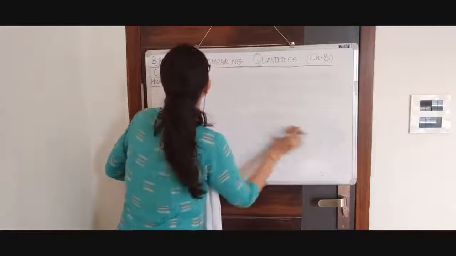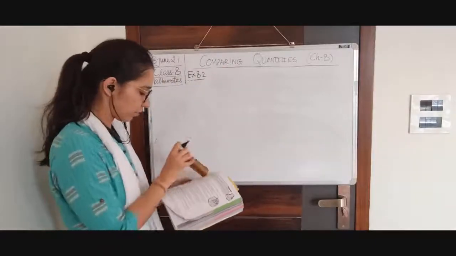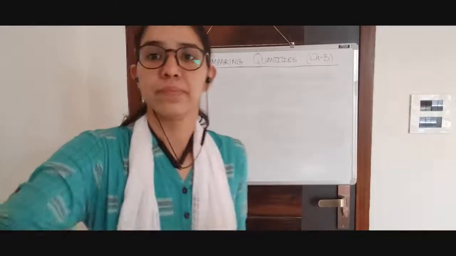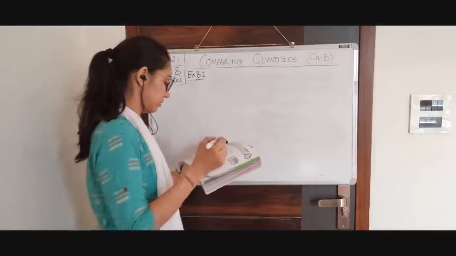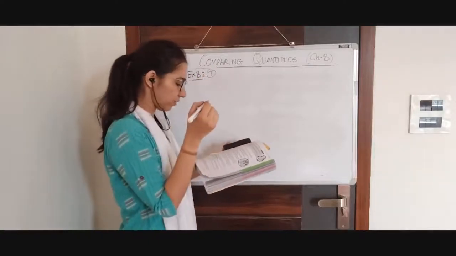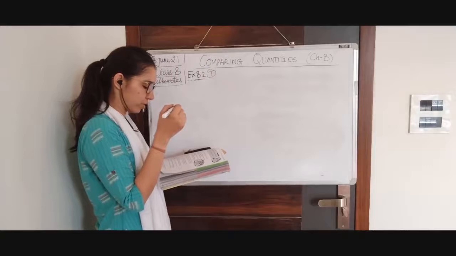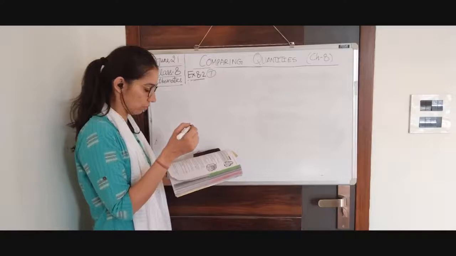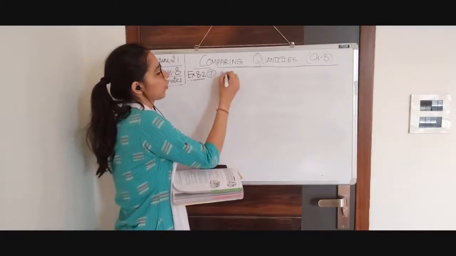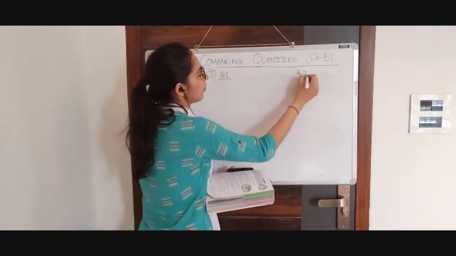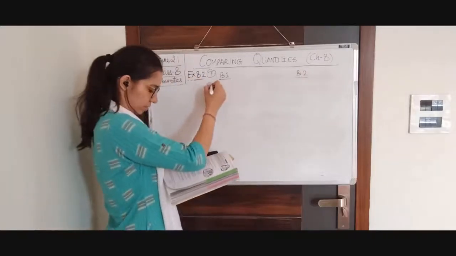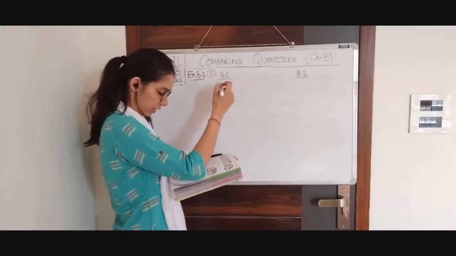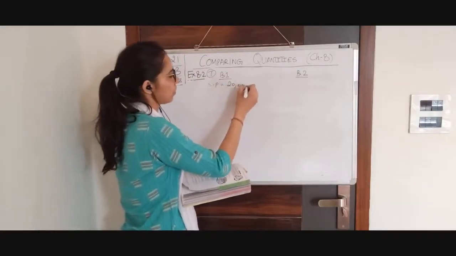It says that a milkman sold 2 of his buffaloes for rupees 20,000 each. On one he made a gain of 5%, on another a loss of 10%. Overall gain or loss. ठीक है, we have 2 buffaloes, suppose B1 and B2. ठीक है, selling price of first buffalo is rupees 20,000.